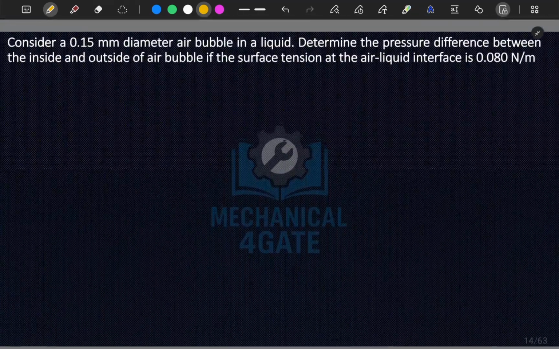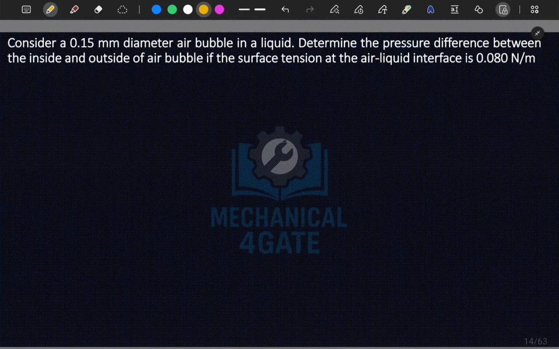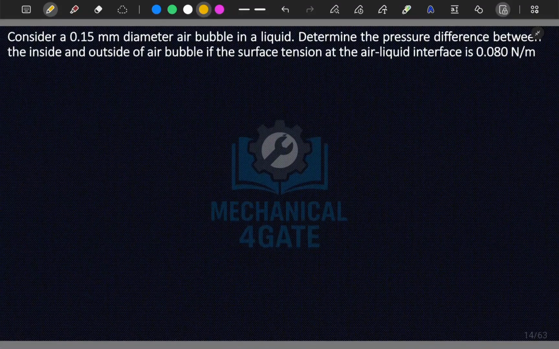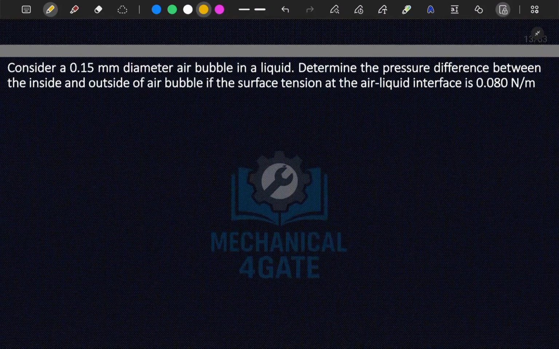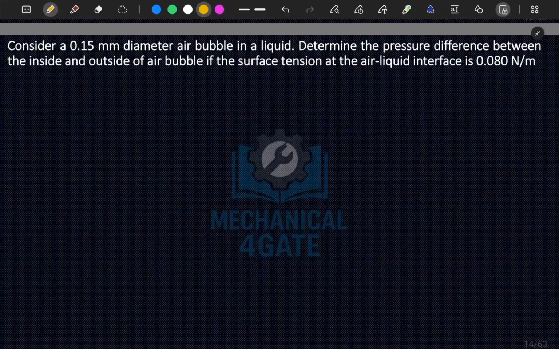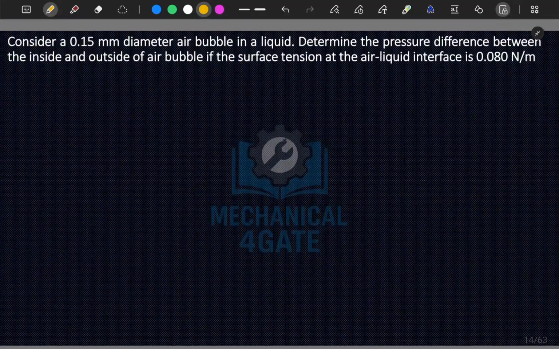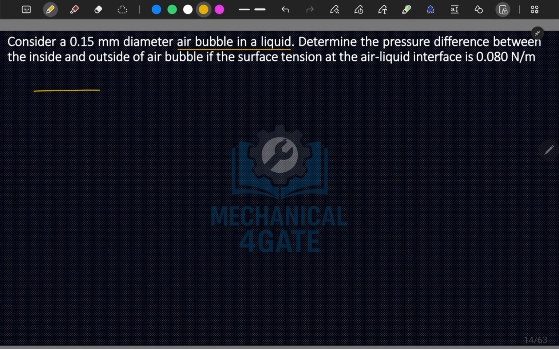Consider a 0.15 mm diameter air bubble in a liquid. Determine the pressure difference between the inside and outside of the air bubble if the surface tension at the air liquid interface is this. So inside a liquid we have an air bubble. This is a one interface system only.